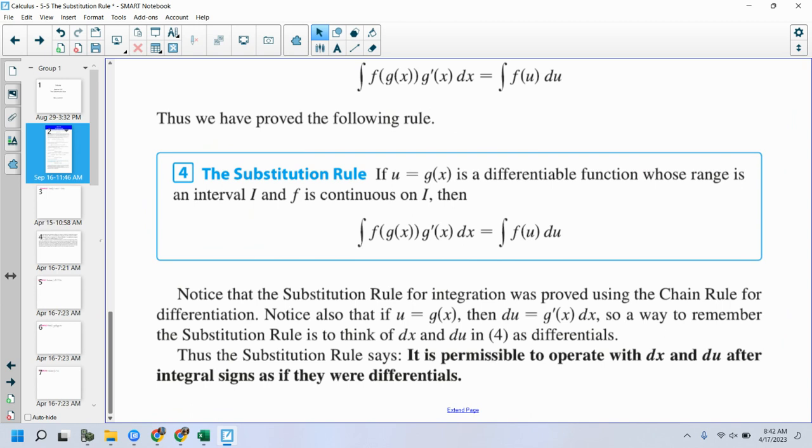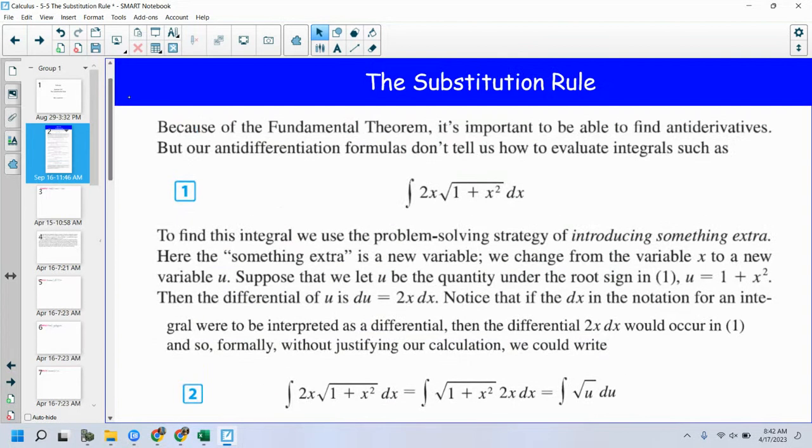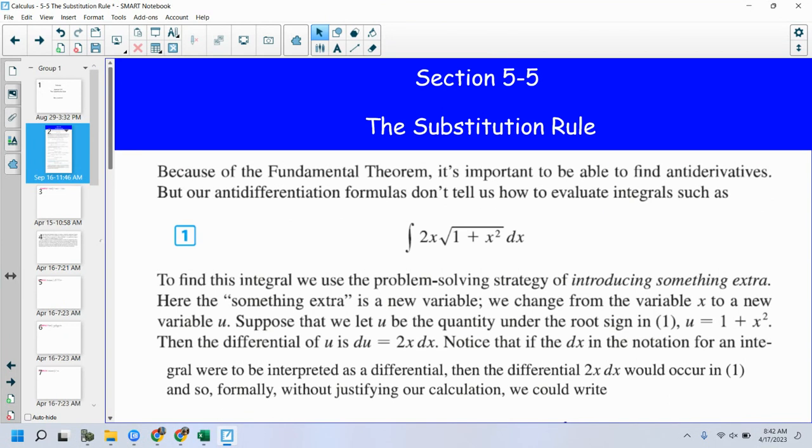Cool, perfect. So I just got done talking about, just to backtrack 30 seconds, this is going to be basically how to find integrals of things like this.